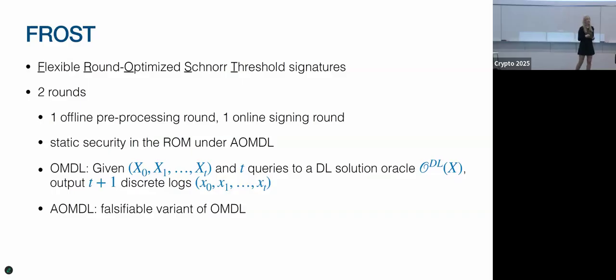And the algebraic one-more discrete log assumption is a falsifiable variant of OMDL. In particular, both assumptions are falsifiable in terms of verification, but for AOMDL, this discrete log oracle has a special structure, so it's not just giving arbitrary group elements. So this is what makes it falsifiable.